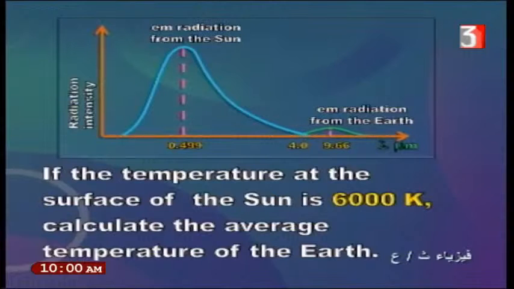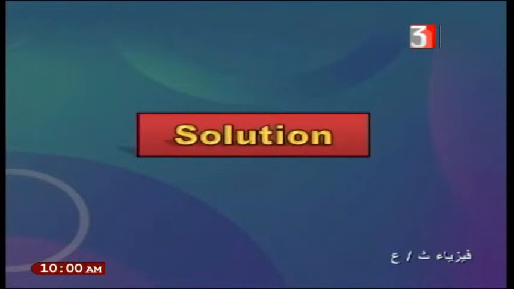We'll do the same now between the Sun and the Earth. We'll use Wien's displacement law, the inverse relation between peak wavelength and absolute temperature. Lambda maximum 1 times T1 equals lambda maximum 2 times T2.